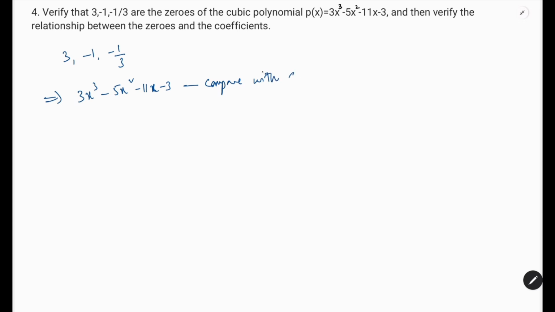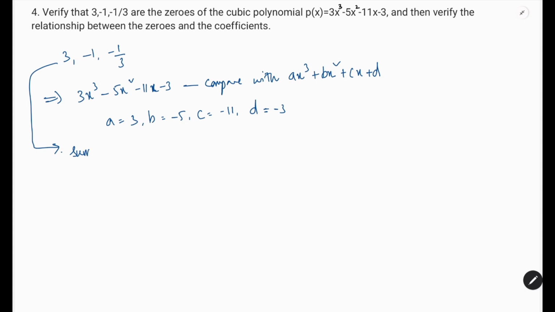Compare with ax cube plus bx square plus cx plus d. When you compare, we get a equal to 3, b equal to minus 5, c equal to minus 11, d equal to minus 3.